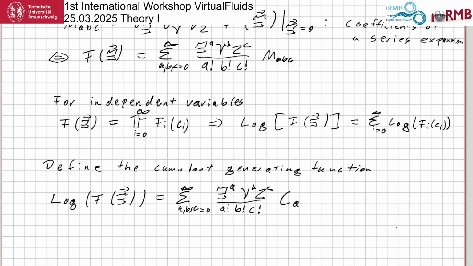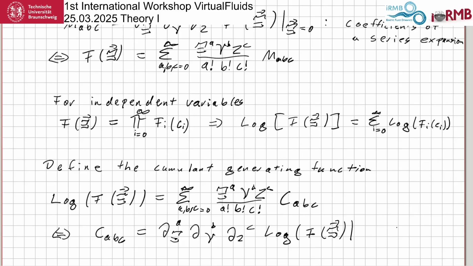So big C_abc, and this can now be rewritten: we get small c_abc, which are now these derivatives. So we invert this function again as we had before: the derivatives with respect to xi, epsilon, and zeta of the logarithm of the Laplace transform of this function, evaluated again at frequency 0.